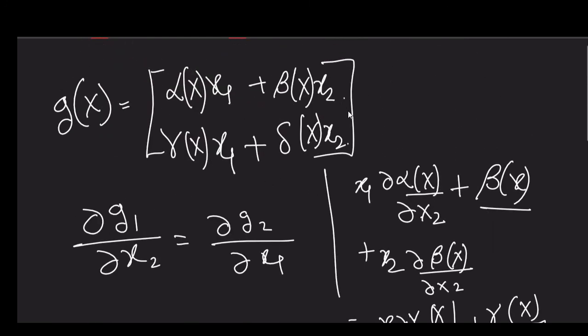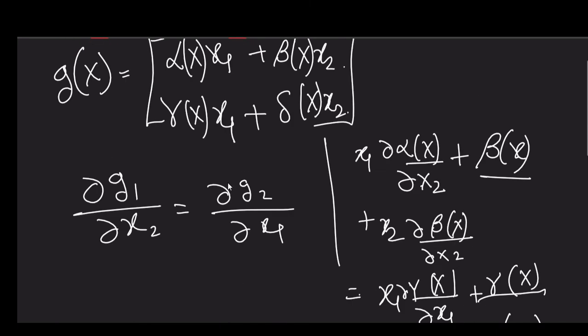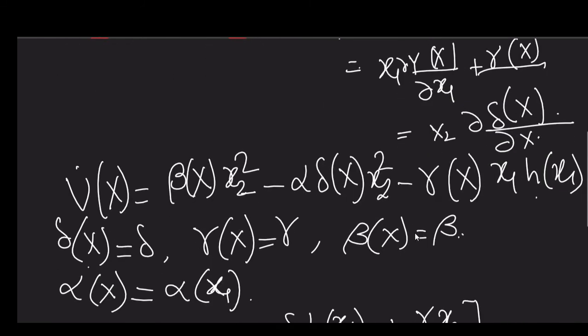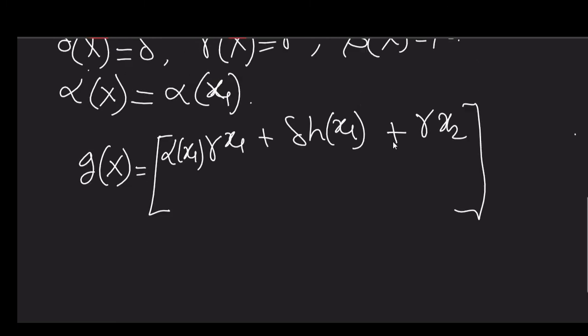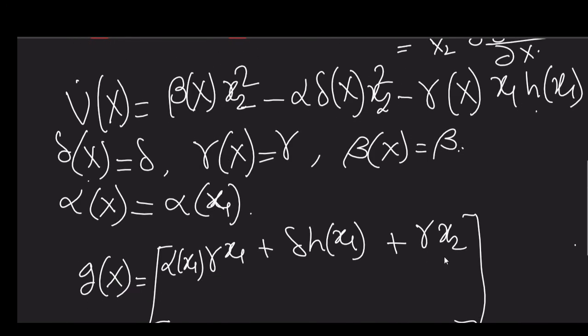Yes, this is the structure of G. So alpha x, x1. Now we can write it in this way: alpha x, gamma x, delta 1 plus beta x, and since beta is equal to gamma, we can write it as gamma x2.